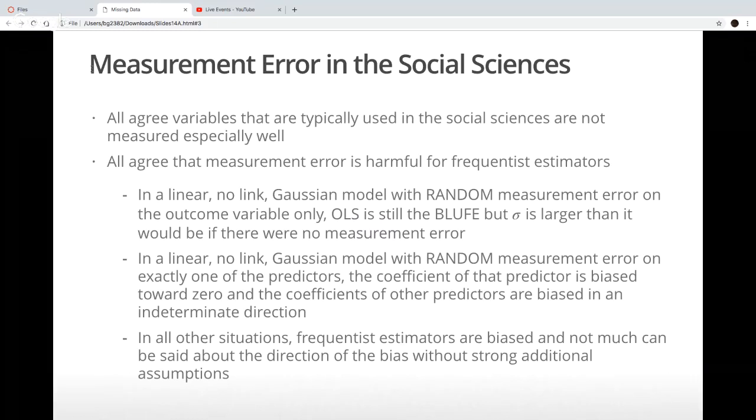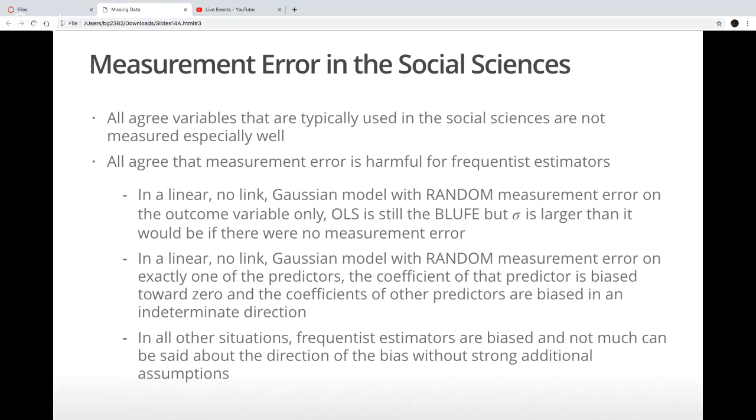Moreover, all people who have thought about this from a frequentist perspective agree that measurement error is harmful for frequentist estimators to a greater or lesser degree. In one very special case, linear model, no link, Gaussian errors, and the only measurement error is not only completely random but confined to the outcome variable, then ordinary least squares is still the best linear unbiased frequentist estimator.